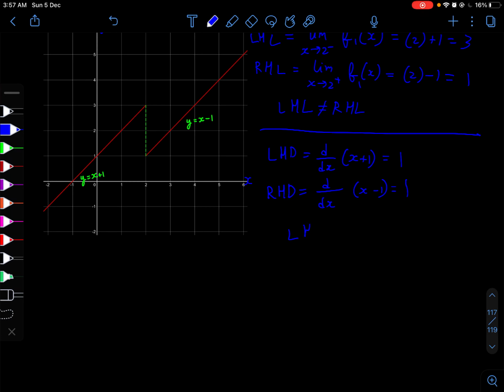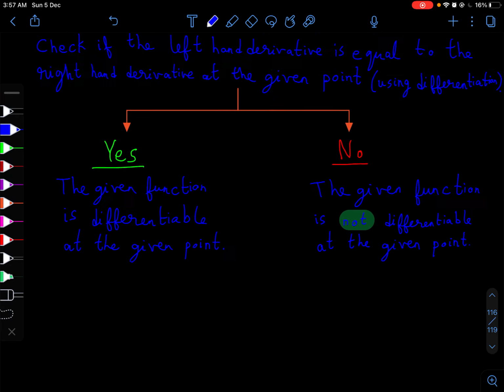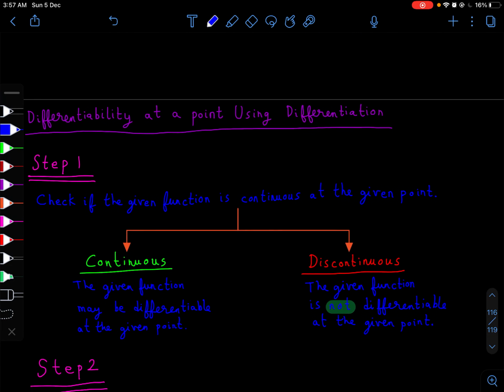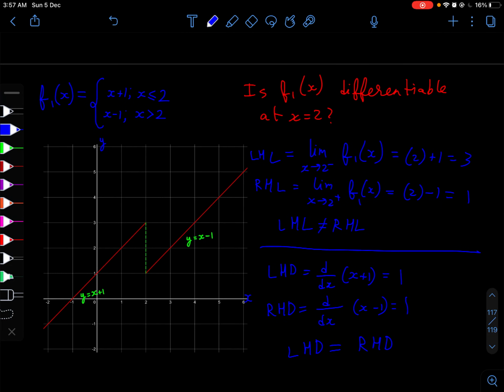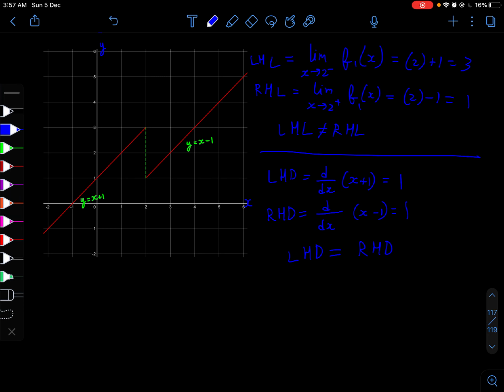So here the left hand derivative looks like it is equal to the right hand derivative. With what we did before, if it's equal, then it's supposed to be differentiable, but if we do this directly, this method doesn't work. That's why we have to check the continuity.